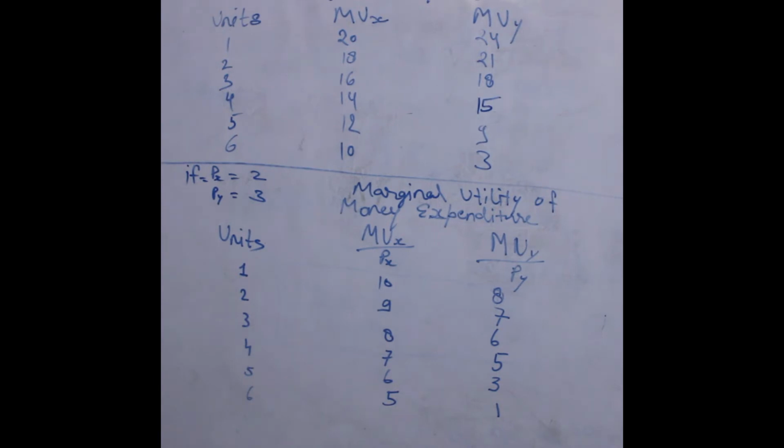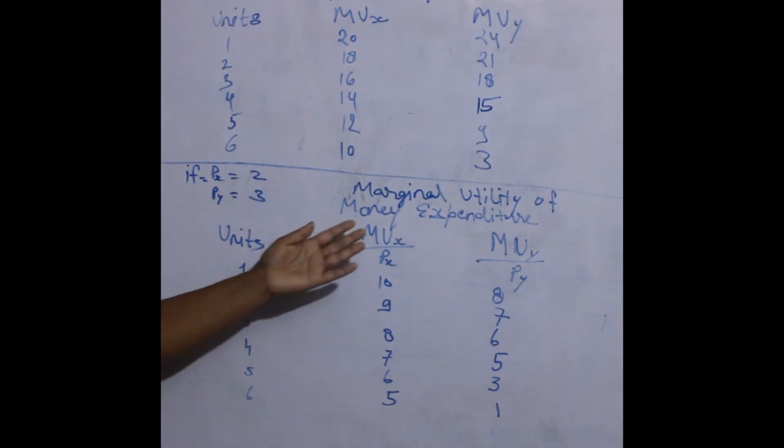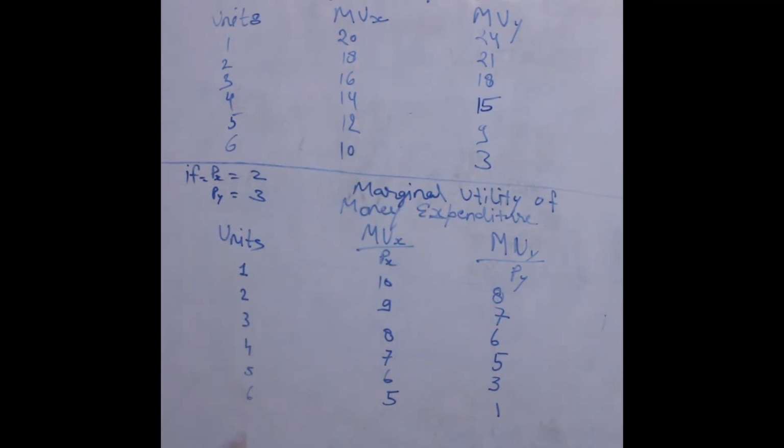Now, on this whiteboard, we also have the marginal utility of money expenditure. How have we got this? Suppose we have gone to the market and we have found that the price of X is 2 and the price of Y is 3.